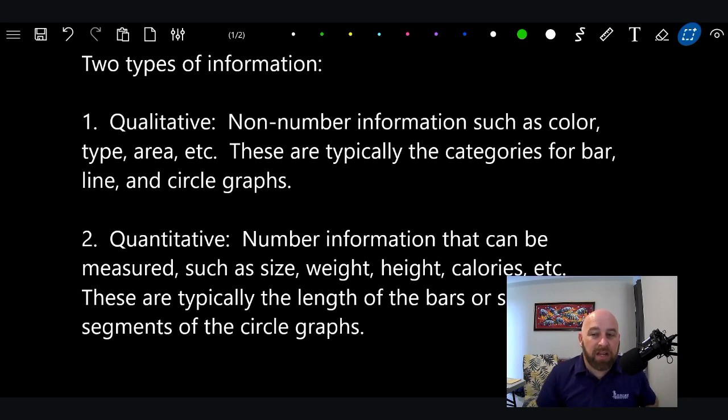Qualitative sounds like quality, and it's exactly what it is. It talks about the qualities of something. Qualitative is non-number information, like colors and types of things, the area it is, what state it's from, what city, things like that. These are typically categories for your bar graph. What do I mean by that?